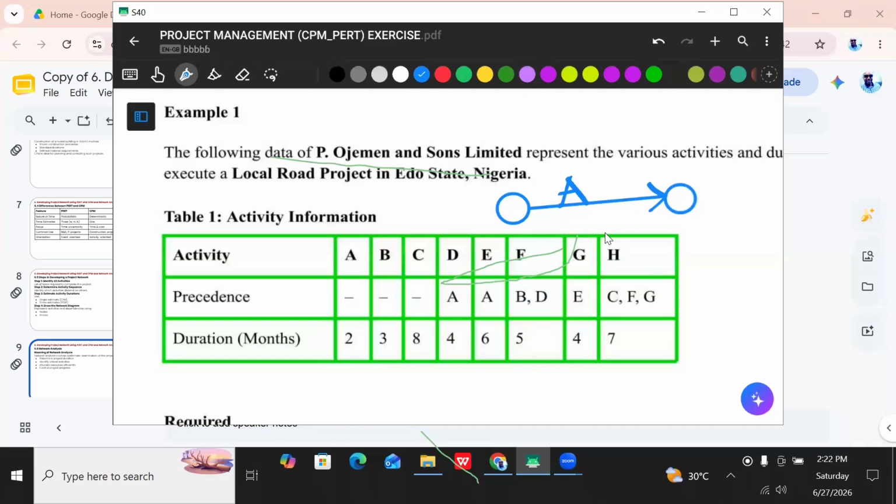So for each activity, you have 2 nodes. For every activity, there are 2 nodes: the beginning node and the ending node. Node 1, node 2. You may number, you may not number, no problem. But what matters is that every activity must start with a node and finish with a node. I have to show you this so that you don't begin to imagine what we mean by nodes.